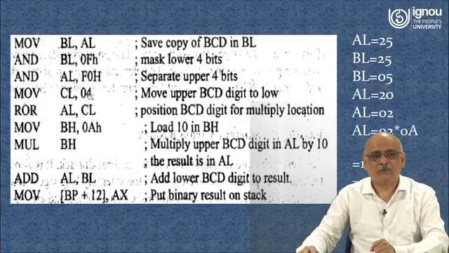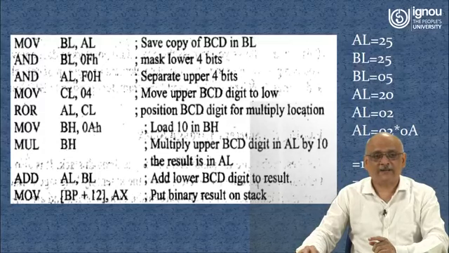And then we move 4 to the counter, that is the CL register, because we are making 4 cycles of movement. By moving it 4 times, this 2 will be moved here and 0 will be moved here. So now we got 2. In BL we have the lower nibble, that is 5, the lower digit, and in AL we have the upper digit, that is 2.